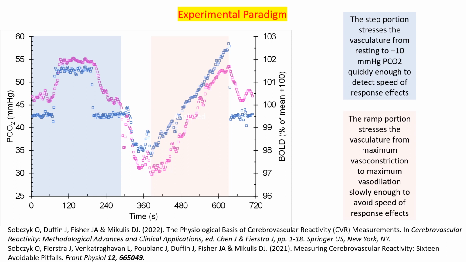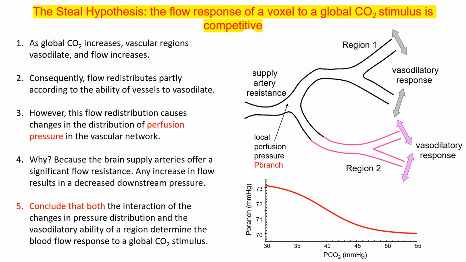The step increase in the partial pressure of carbon dioxide is set to be from the resting partial pressure to plus 10 millimeters. This increase, based upon experience, is sufficient to uncover pathology. The ramp portion stresses the vasculature from maximum vasoconstriction to maximum vasodilation slowly enough to avoid speed of response effects.